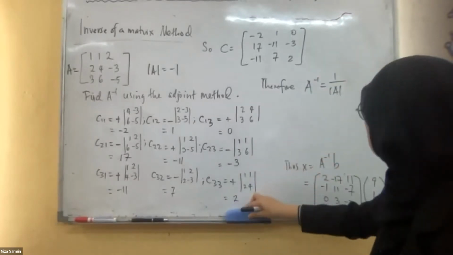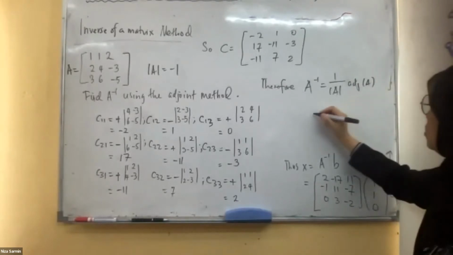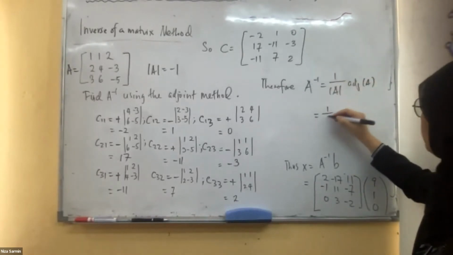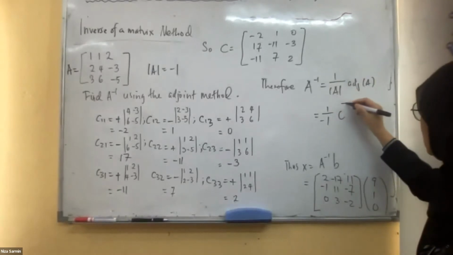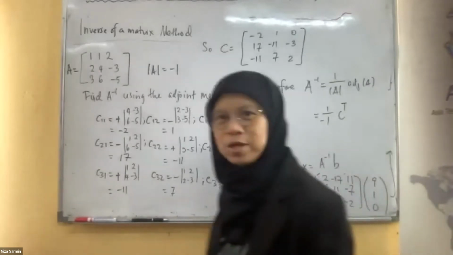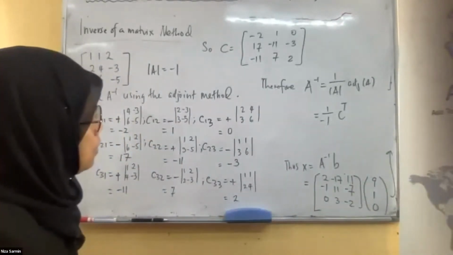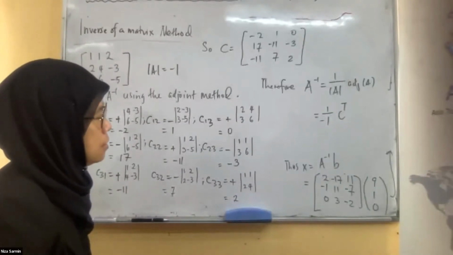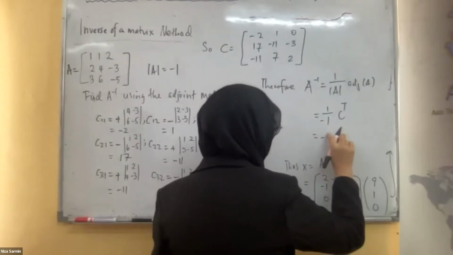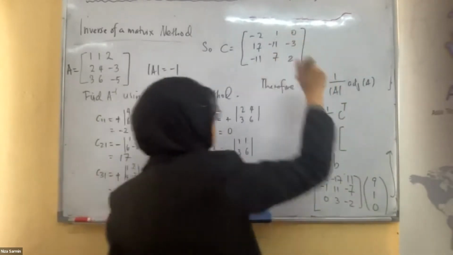Adjoint A, I put here, which is equal to 1 over -1 times C transpose. I put that because the adjoint of A is C transpose. Okay, and -1 times C transpose.